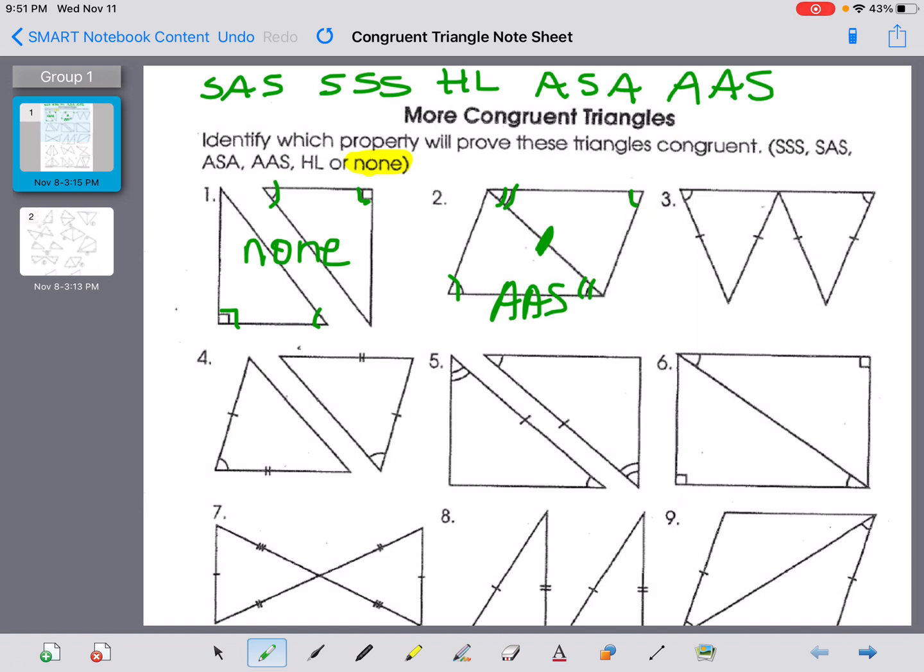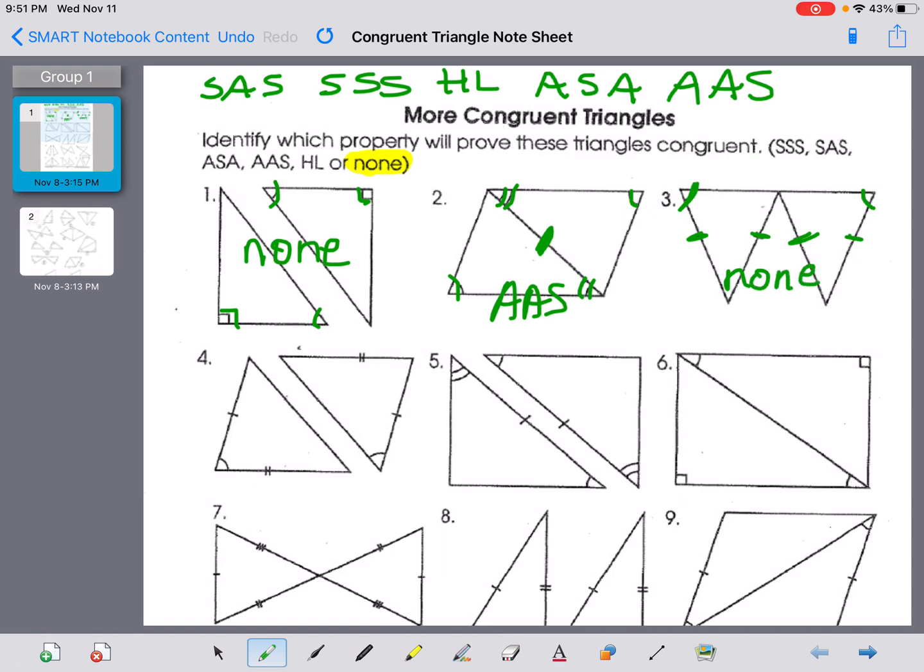All right, number 3 over here. There's lots of stuff marked. Is this enough to prove it congruent? I see an angle, a side, and a side. Is that appropriate to write down? I don't think so. I can't put those angles between. There's a gap down there. This is not appropriate. This is a none.